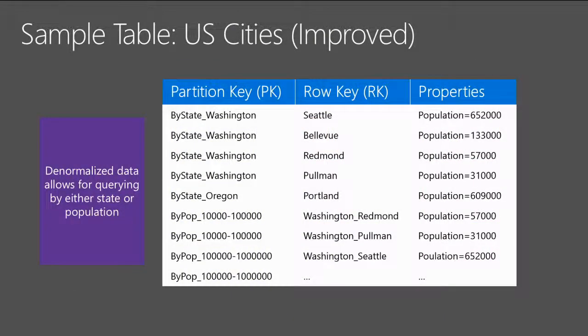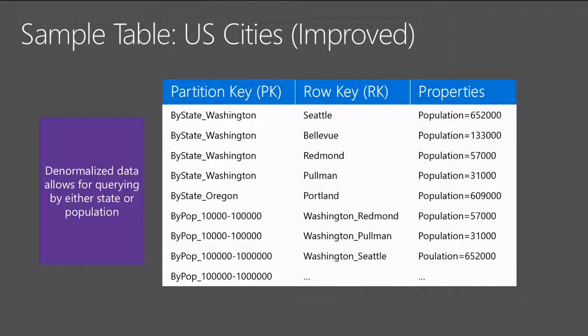In this case, I've said, yeah, but table storage is cheap. So sometimes I'm doing queries based on the actual city and state name, in which case the data I had before is great. But sometimes I'm doing queries based on population. So in this case, what I've done is I've created a second set of entities where I've inserted each city again based on its population.